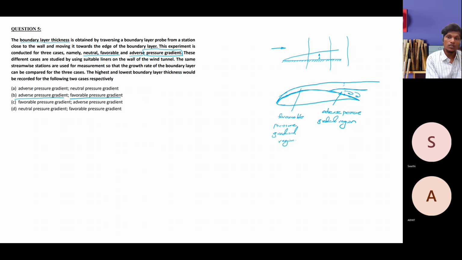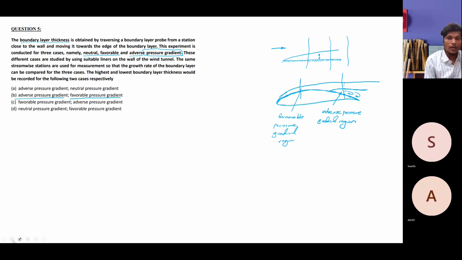Like if you are doing one set of experiments for measuring this particular kind of favorable pressure gradient at one particular time, and you stop the wind tunnel or experimental setup, and later on you try to measure experimental data for the adverse pressure gradient, you may or may not get these kind of phenomena. It depends on several things. So in one go, in one similar kind of environment, you have to perform all these experimental studies.